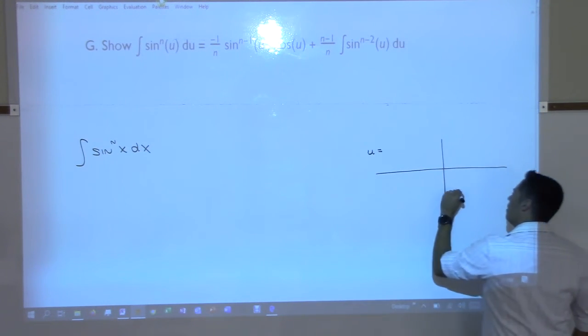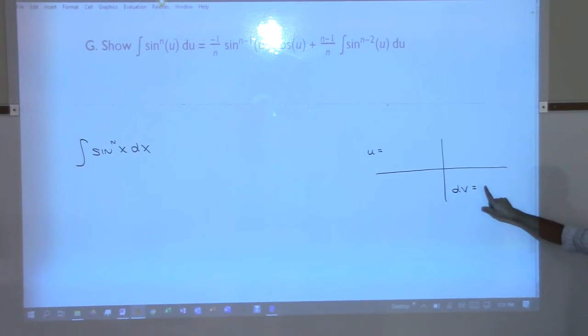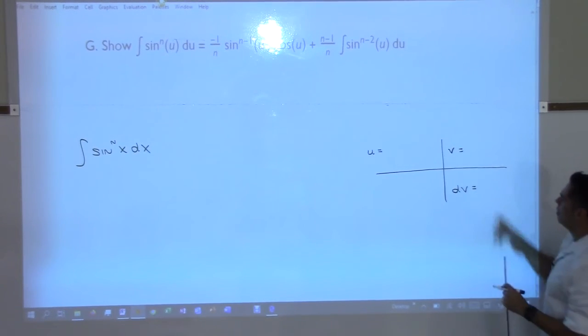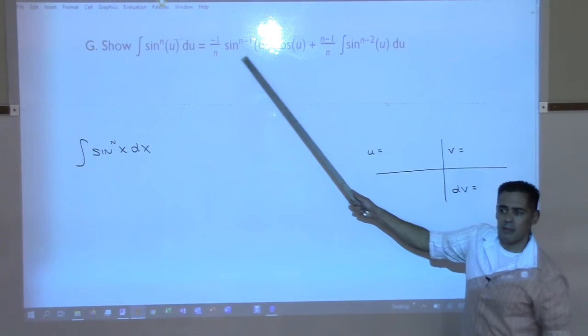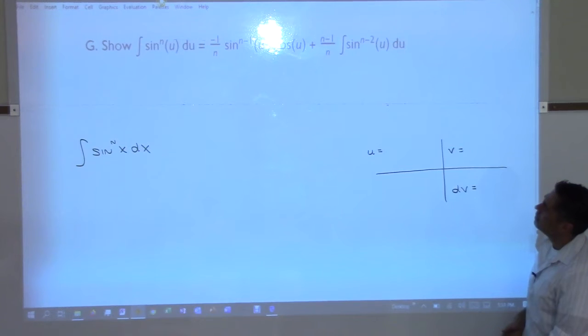The table's got to be u, and then here's our dv. We know that this up here, whatever v is, these two multiplied have to be these two, right? So the question is, which one goes where? So how about this?